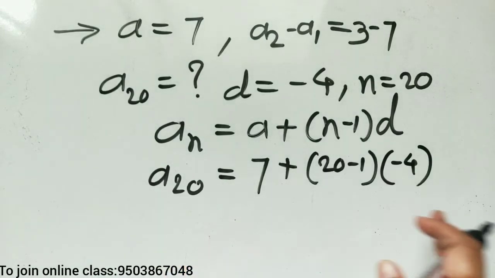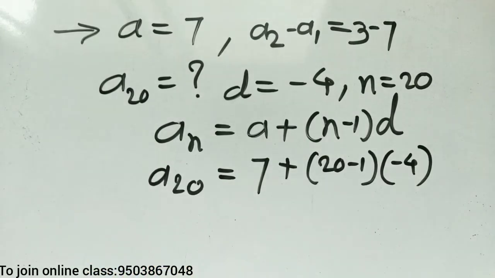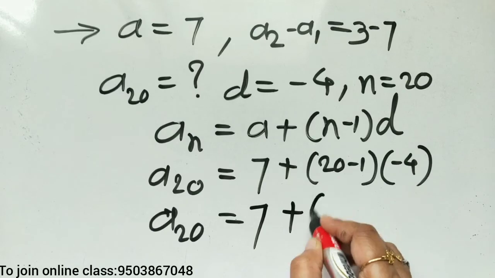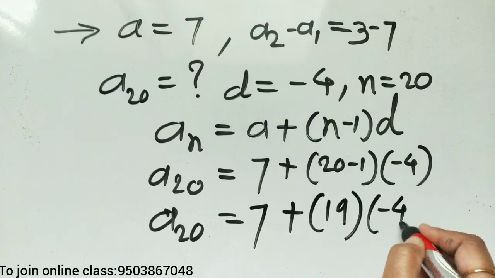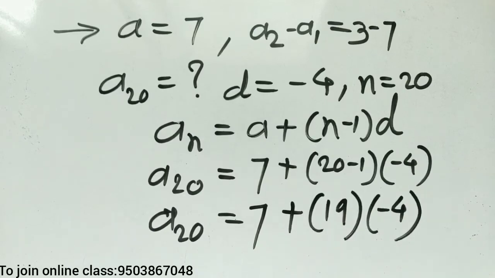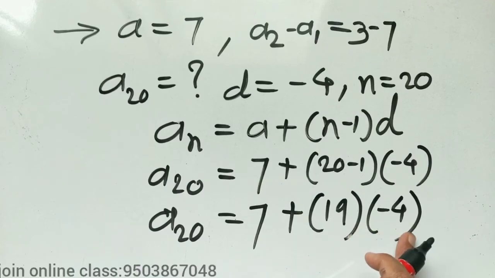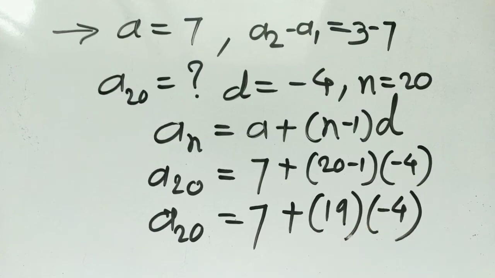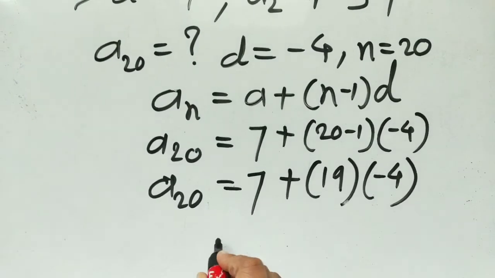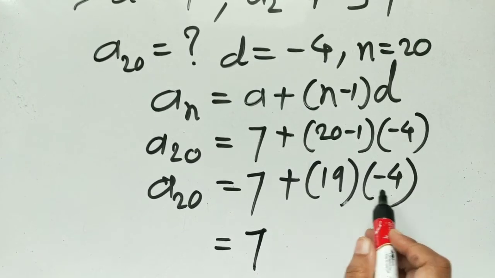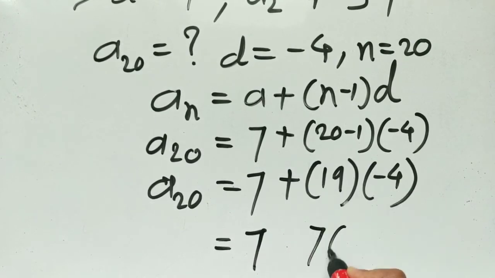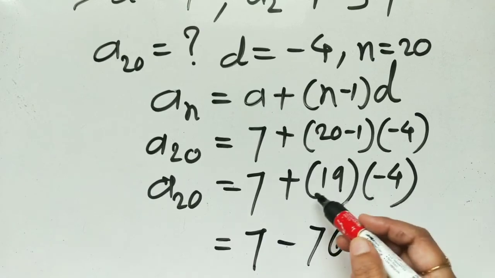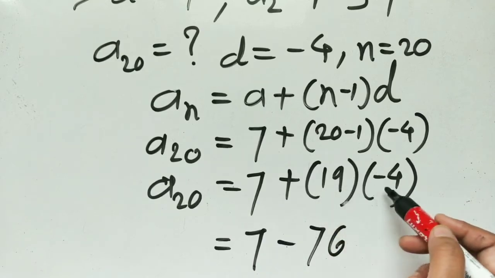Now let's solve these calculations further. We have a20 to find: 7 as it is, 20 minus 1 is 19, and this is minus 4. So we need to multiply 19 and minus 4. 19 fours are 76, but it will be minus because we are multiplying terms with different signs.